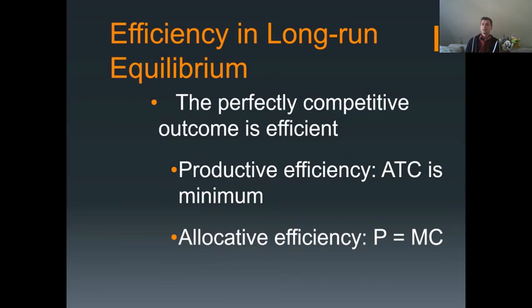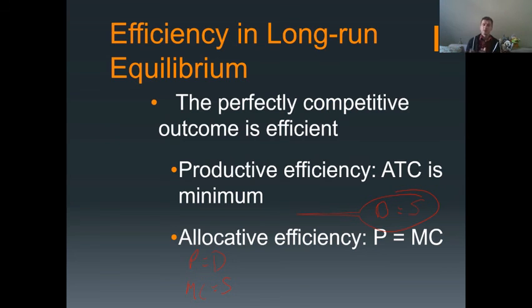That should make sense since price is equal to demand and your marginal cost is equal to supply for the firm. So what we really have here is demand equals supply. That's our basic idea of efficiency that we've been discussing this whole time.